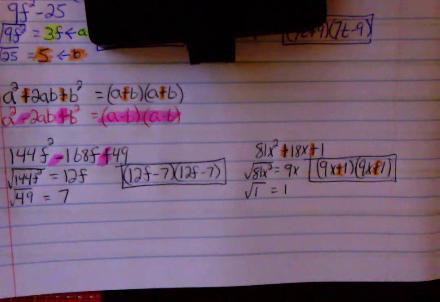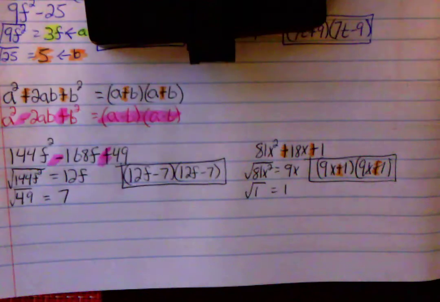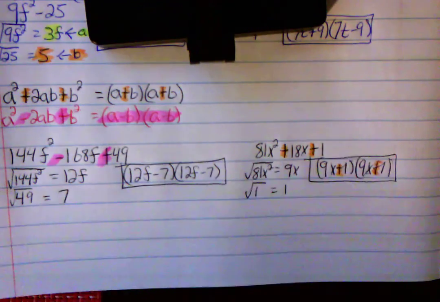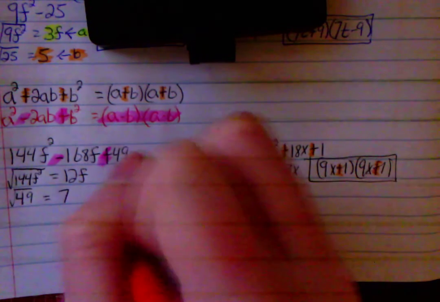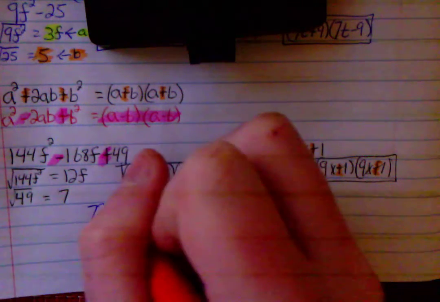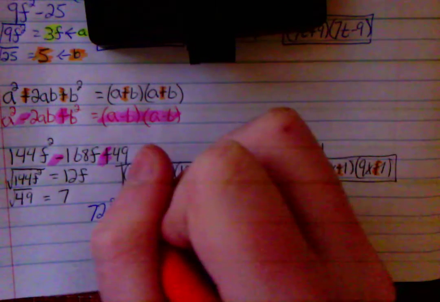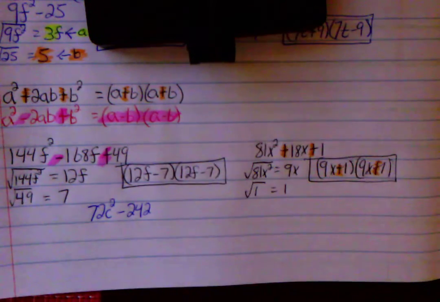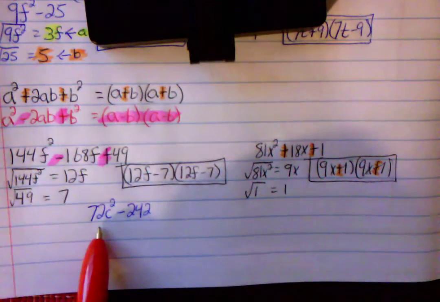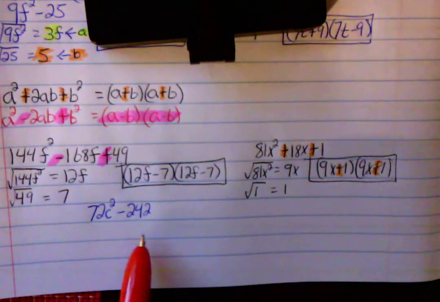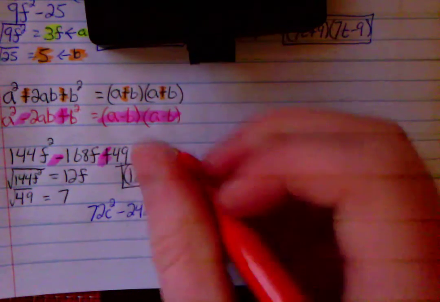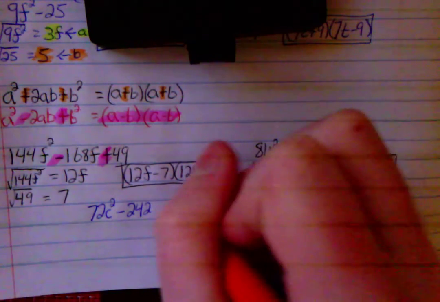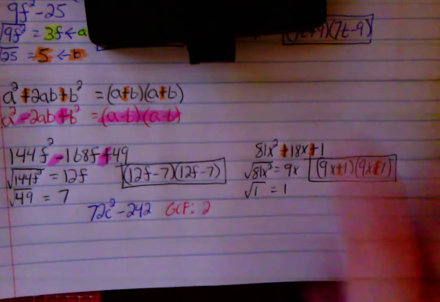Now the last type of question you might see on here is something with a GCF. You might have something like 72c squared minus 242. 72 is not a perfect square. 242 is not a perfect square. But I know the GCF is 2.